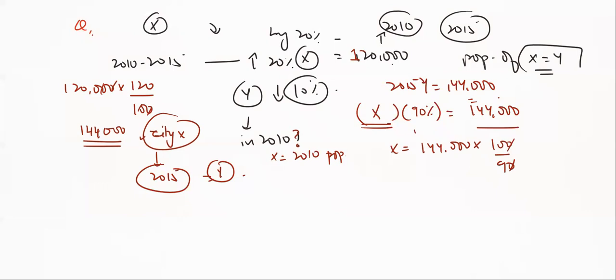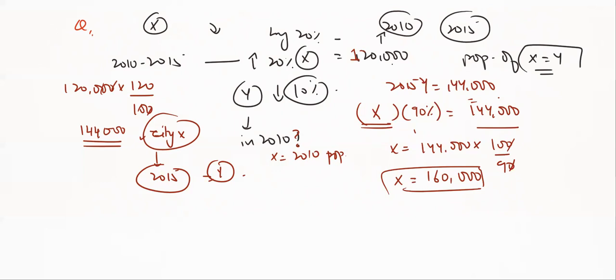So by simplification, we would be getting the value that is equivalent to 160,000. I hope you guys have understood.